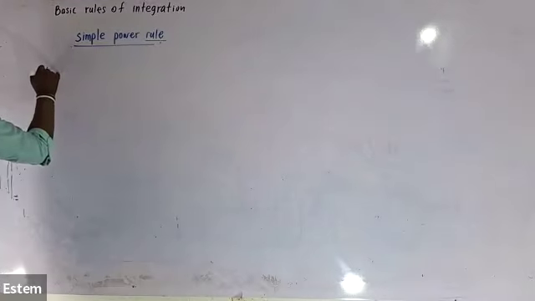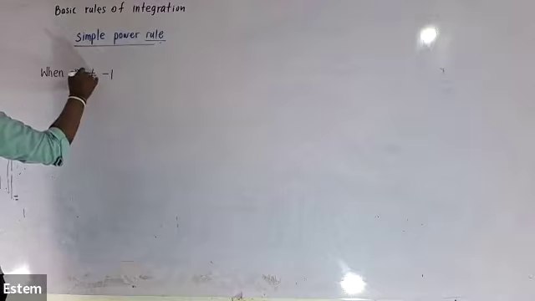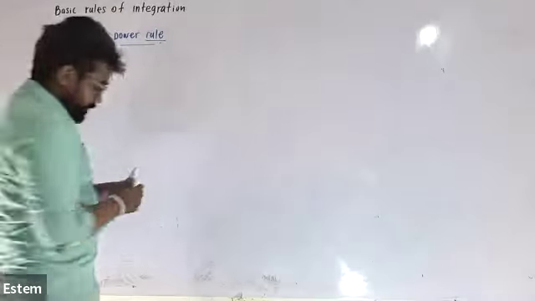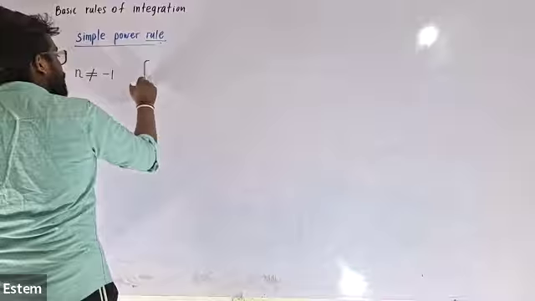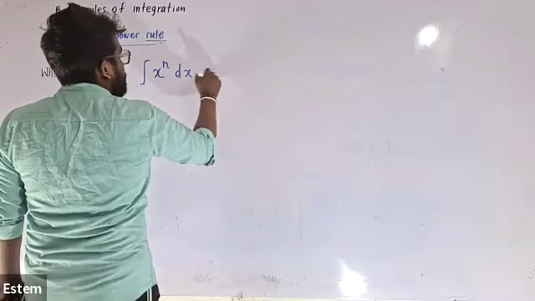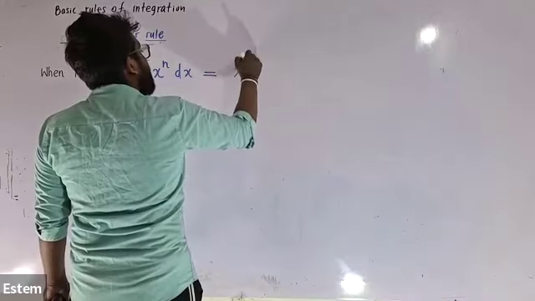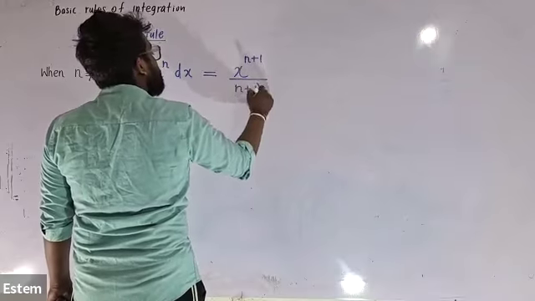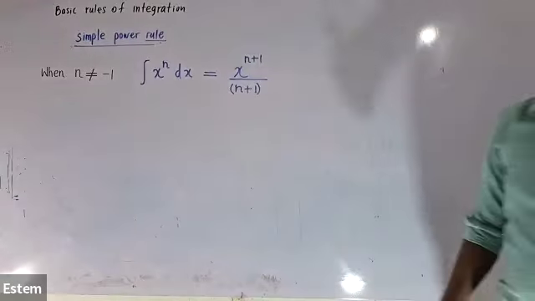The rule is this. When n is not equal to -1, you can integrate x^n dx using this formula: x^(n+1) over n+1.